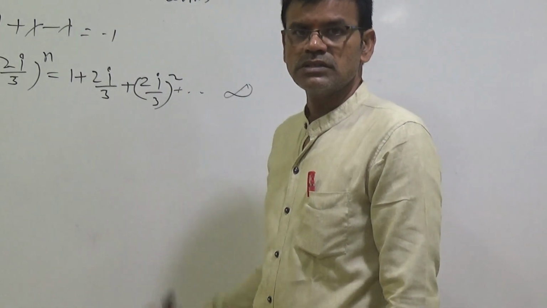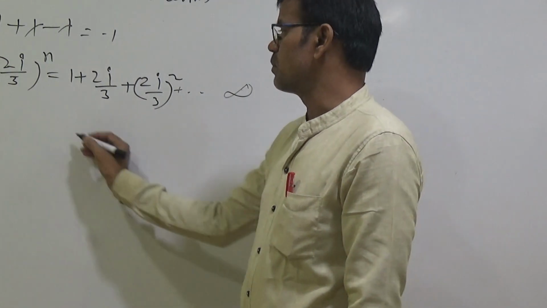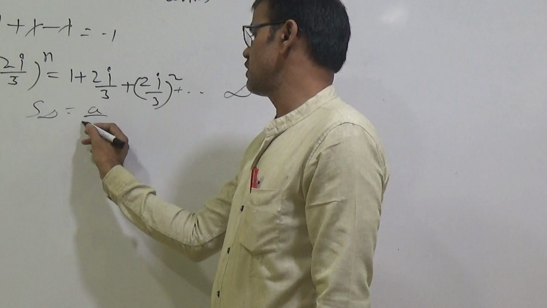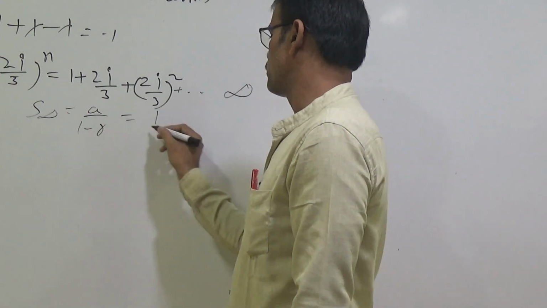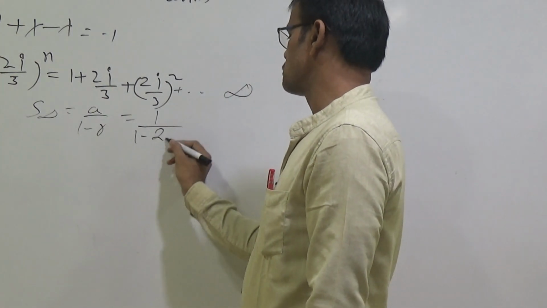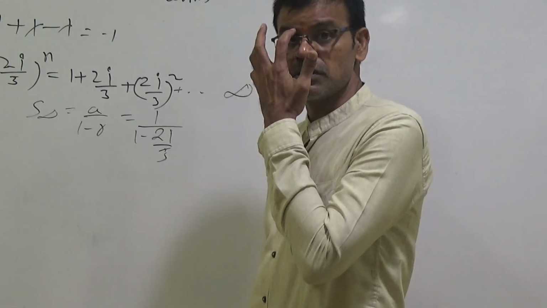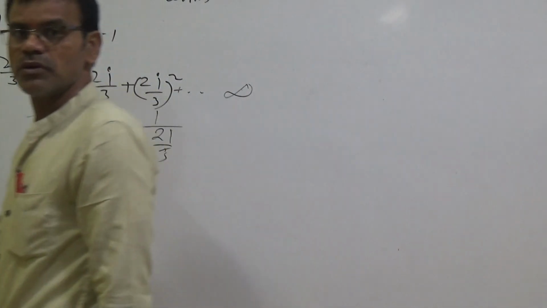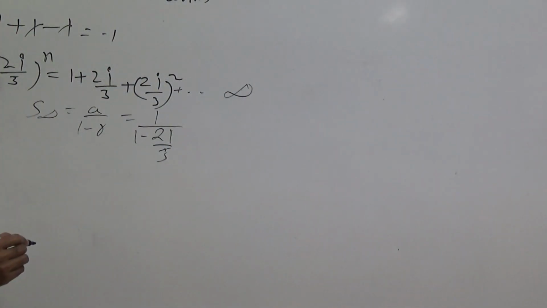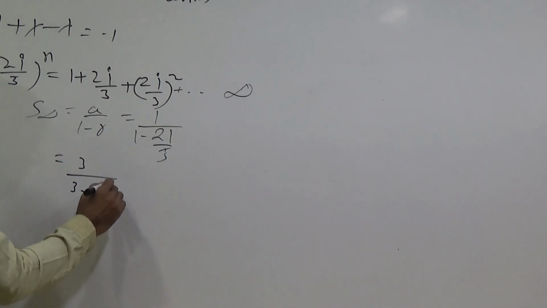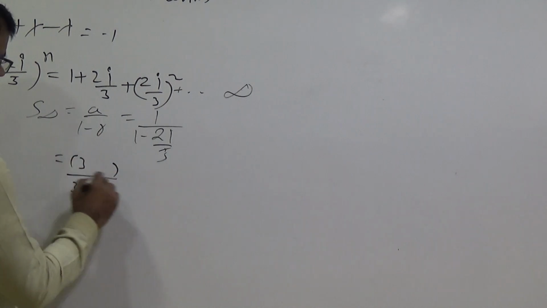This is a geometric progression. In the geometric progression, the formula S infinity is equal to a by 1 minus r. So 1 by 1 minus 2i by 3. That is equal to, here you can write, 3 by 3 minus 2i.